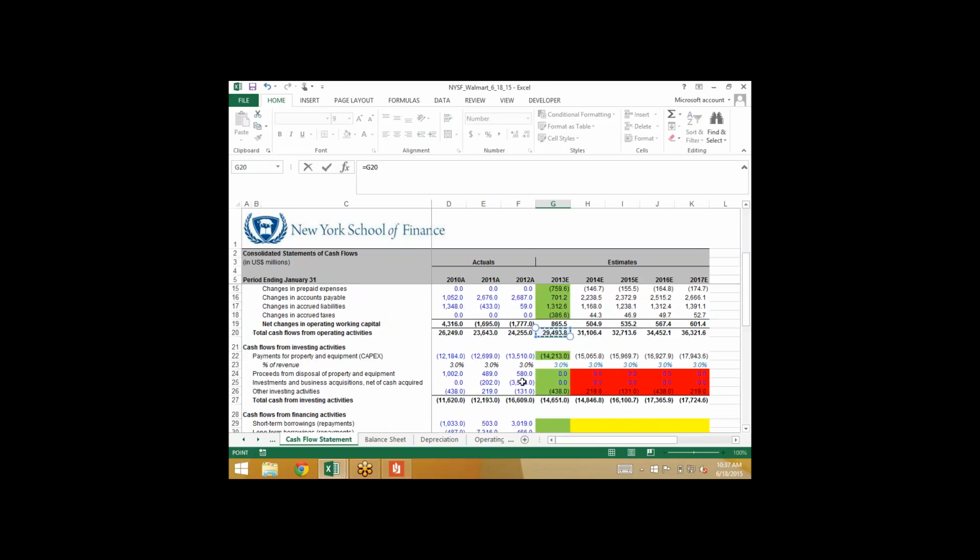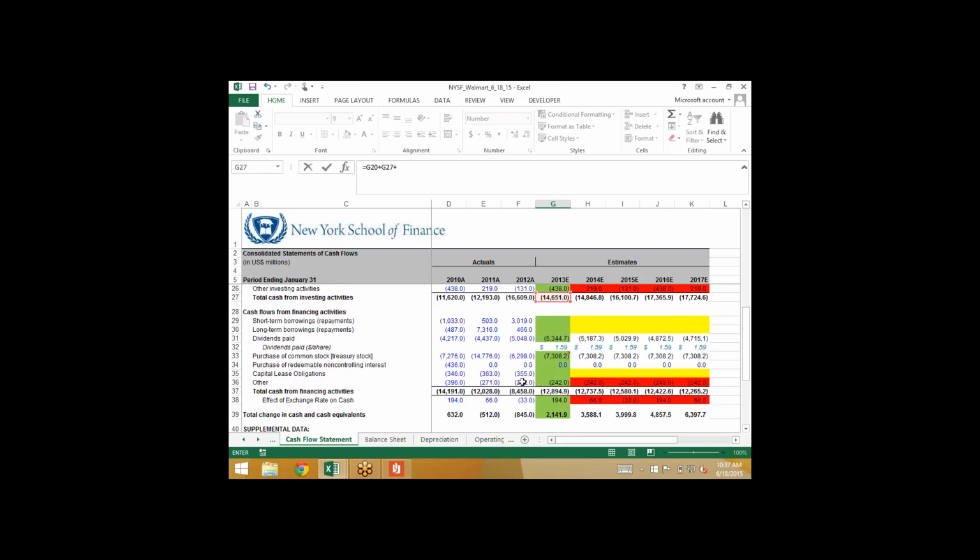So you want to take all the cash changes from operating, plus all the cash changes from investing, plus all the financing activity line items, excluding the line items related to debt paydown. Dividends, common stock, non-controlling interest, other, effective exchange rate on cash.